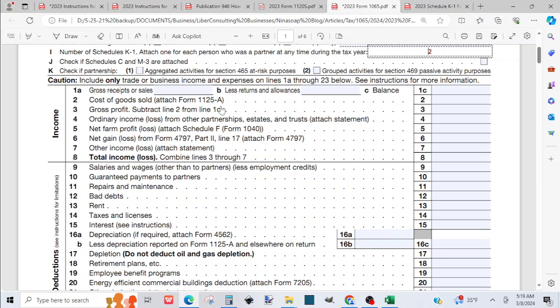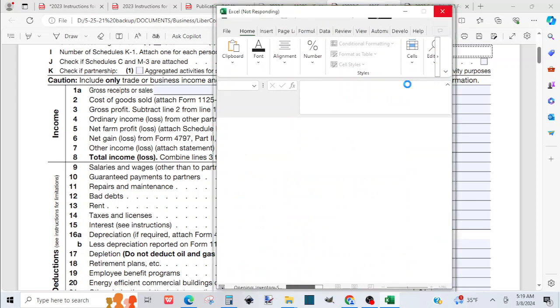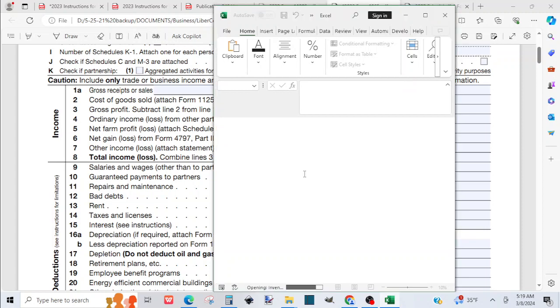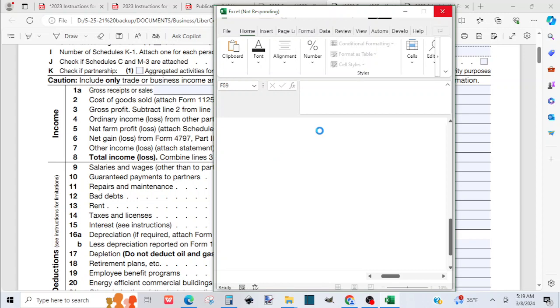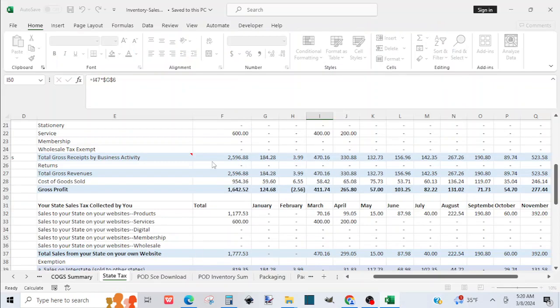Okay, now I think our spreadsheet should be open by now. We will be able to find the gross receipts in this example.